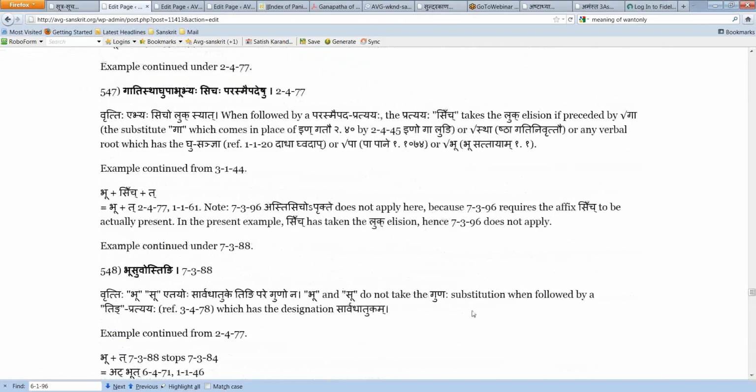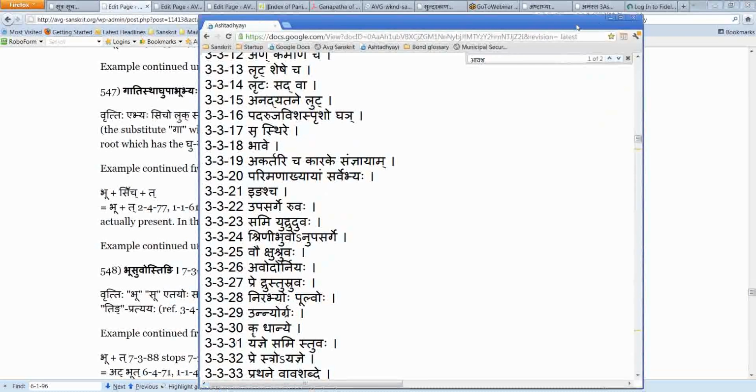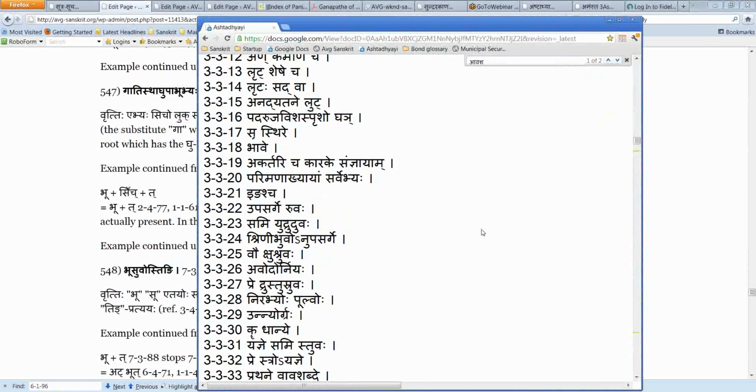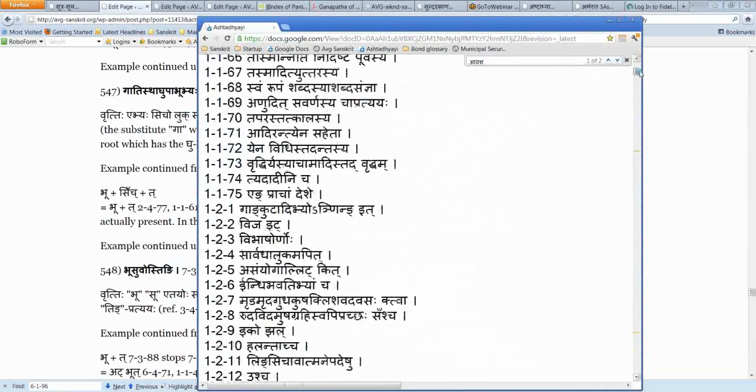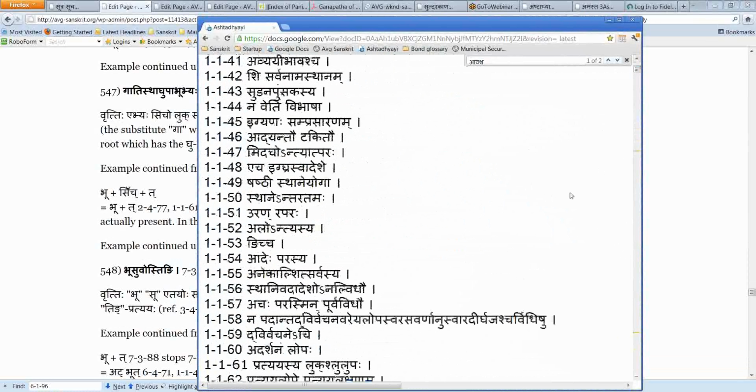Now let's take a look at a form where the sich does not take the luk elision. Remember, when the pratyaya takes the luk elision, because of na lumatangasya, we cannot do any anga karyam based on the pratyaya which took the luk elision. Na lumatangasya, that sutram is 1.1.63. It's a paribhasha sutram.